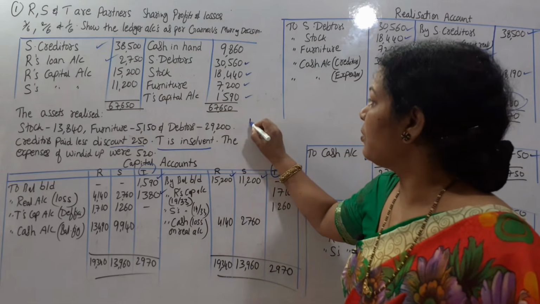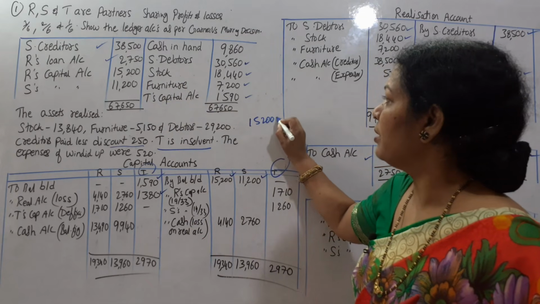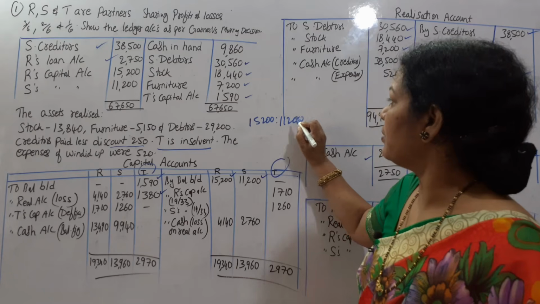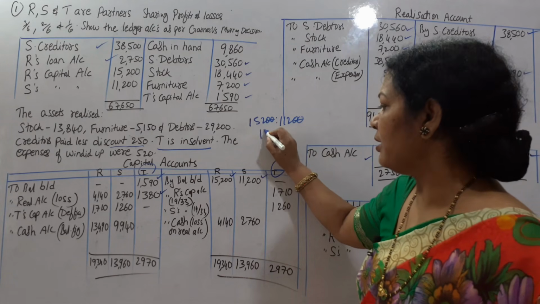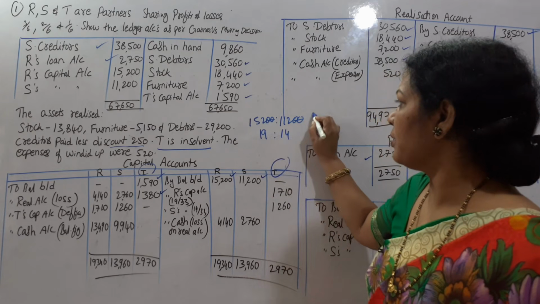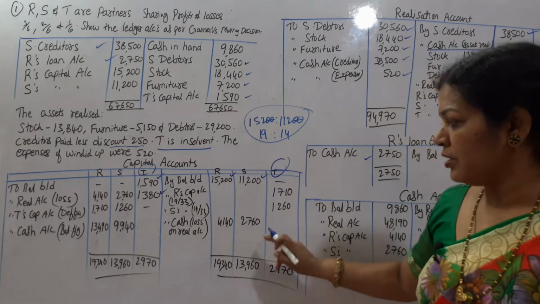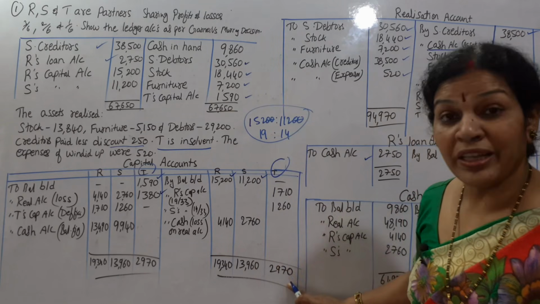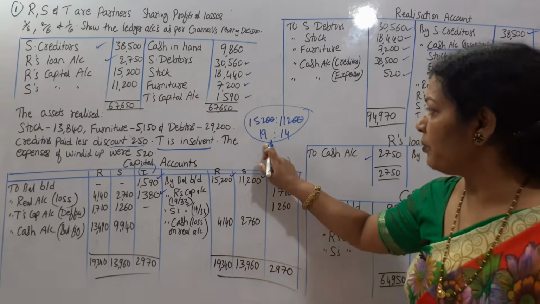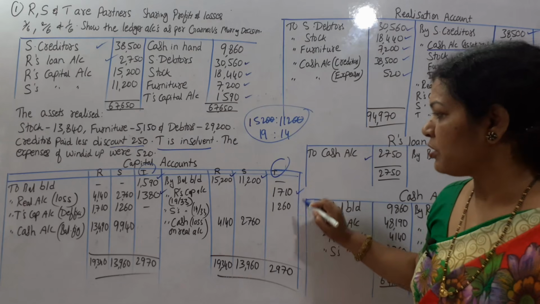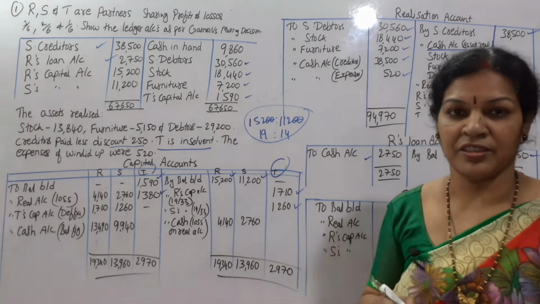Through this: 15,200 and 11,200. If you do simplification, you will get 19:14. His loss is 2970. This is distributed by the partners in the ratio of 19:14, so distributed to R and S.